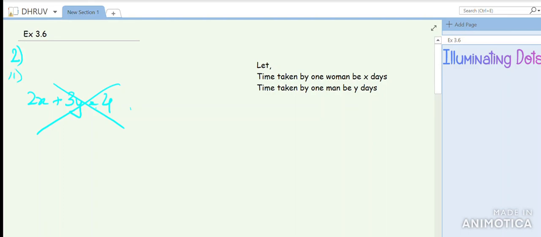It just adds up, and you do not get the accurate answer for the time taken by one woman to complete the job alone. If you have done it with that method, complete the whole sum and you will find that the answer is totally incorrect, nowhere close.